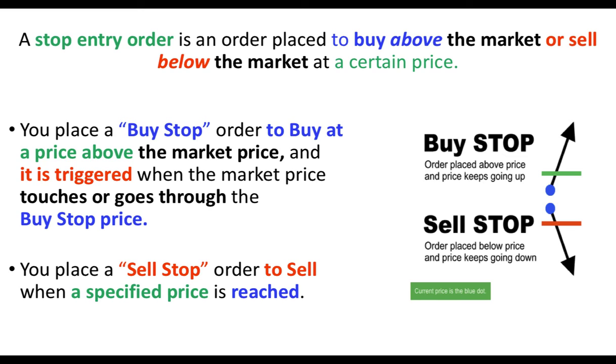Now, when it comes to the buy stop, you place a buy stop order to buy at a price above the market price, and it is triggered when the market price touches or goes through the buy stop price that you have set for yourself. The opposite is the case for sell stop. You place a sell stop order to sell when a specific price is reached.